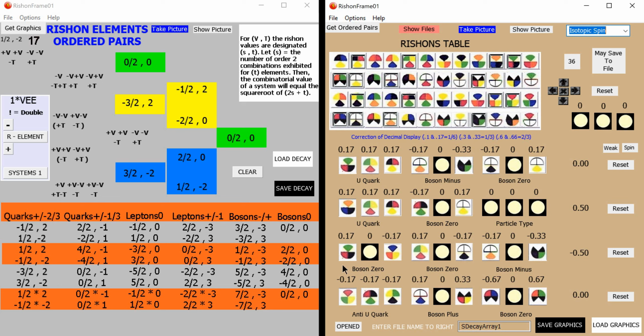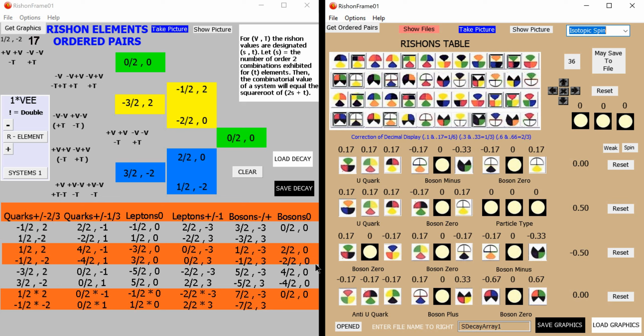And then the vector boson and the scalar boson will contribute nothing to the isotopic spin. So if we look at the decay product of the U quark, we will see that its isotopic spin then is 1/2, since the scalar boson 0 contributes nothing to the isotopic spin.